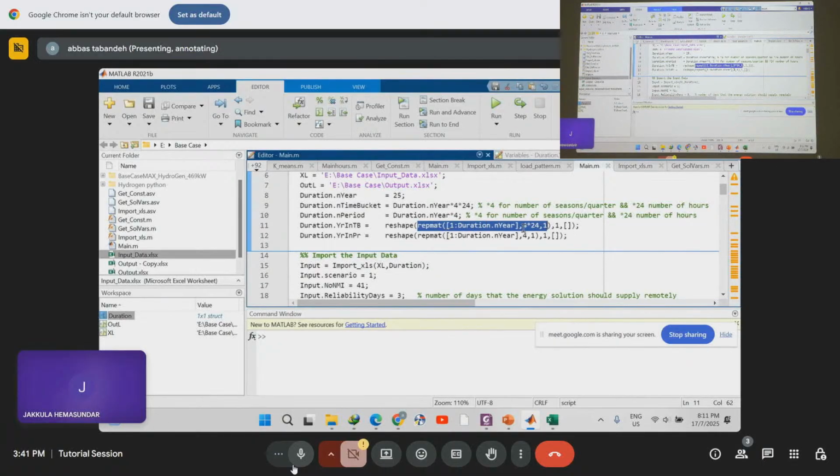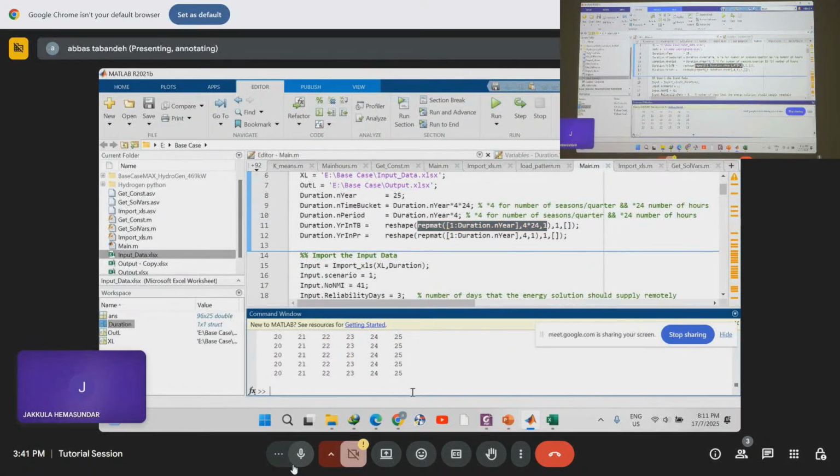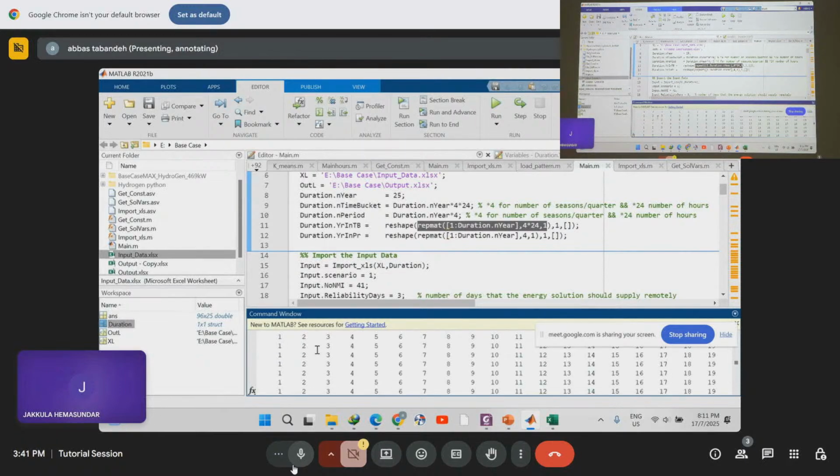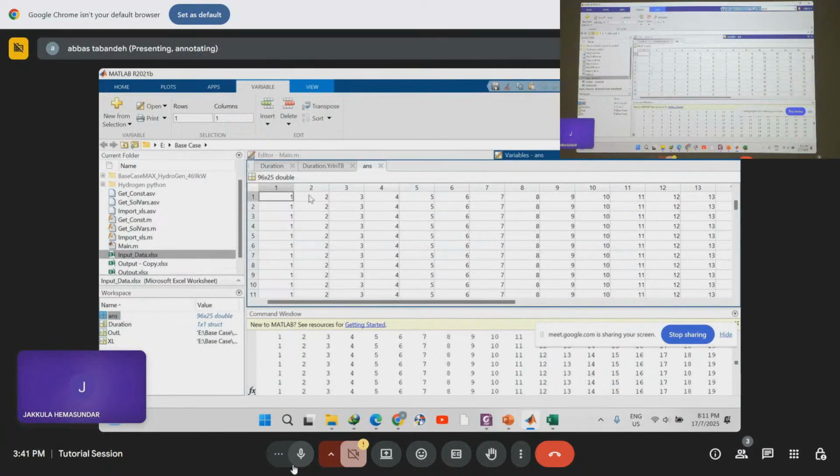If I run it, you can see it. This syntax is repeating all rows, 96. We have defined that matrix.